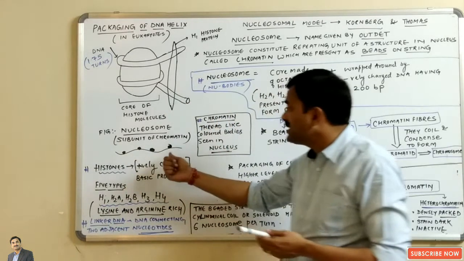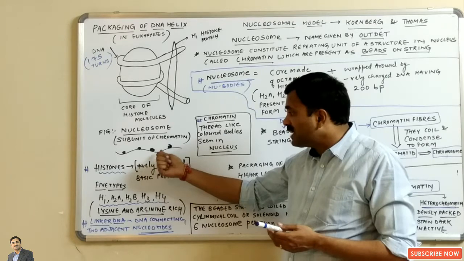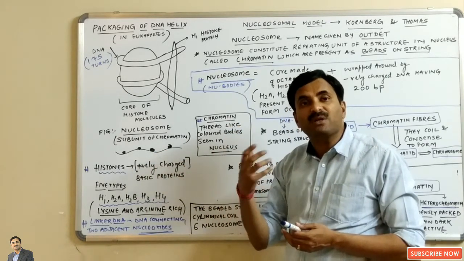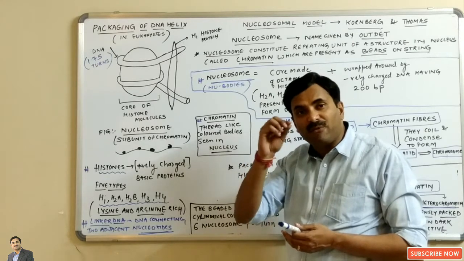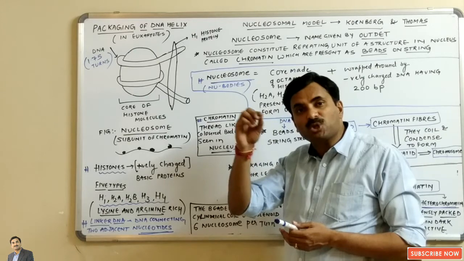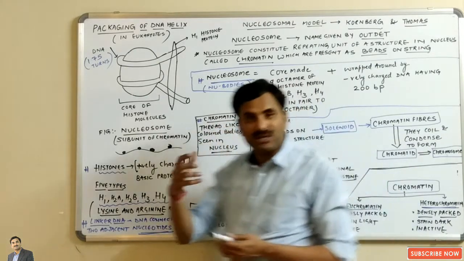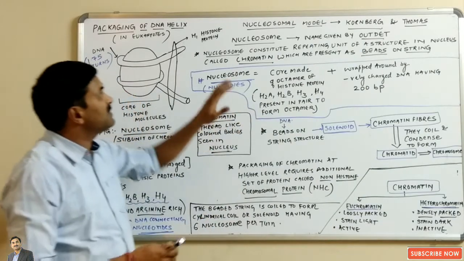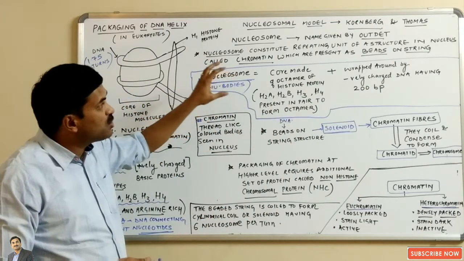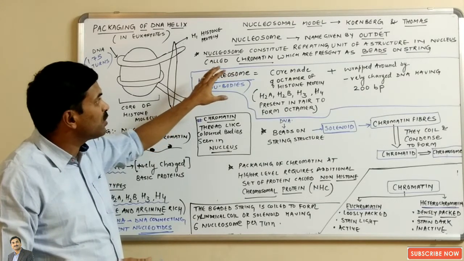You can see here that the structure drawn can be seen as a beads-on-a-string-like structure. The structure is similar to many beads attached to a string, and that's why it is called a bead-like structure. Altogether, the nucleosomes constitute the repeating units of a structure in the nucleus, which is called chromatin.